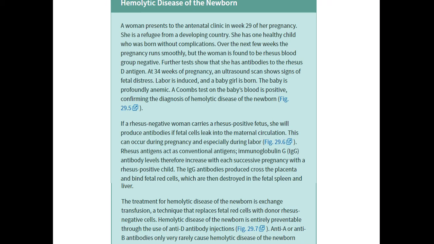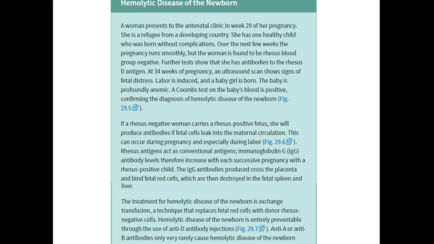So they are not isohemagglutinins, like an anti-A or anti-B. No, they are anti-Rh antibodies that could cross the placenta going to the baby and then hemolyze the red blood cells of the baby. So in order to treat that condition, we have to do what we call exchange transfusion.